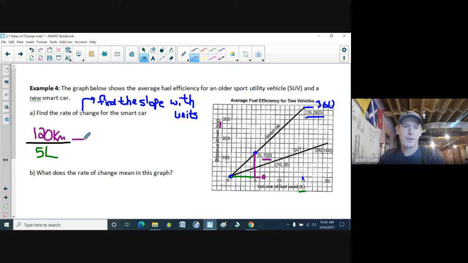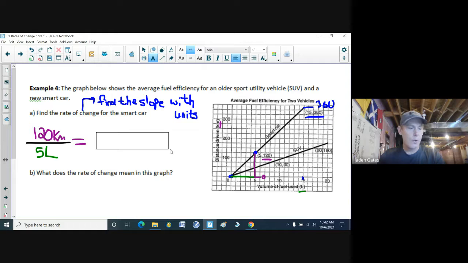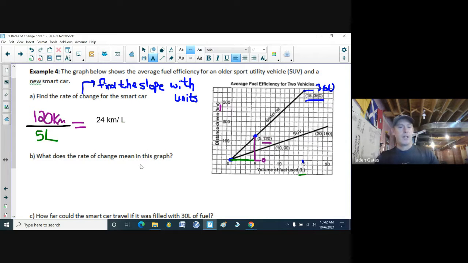All right. And let's see here. I take my 120. I divide it by 5. And here's my answer. 120 divided by 5 is 24. And our units again, kilometers are on the top. Division is per. And on the bottom, this time we have liters. Now, we're getting into actually figuring stuff out. What does the rate of change mean in this graph?